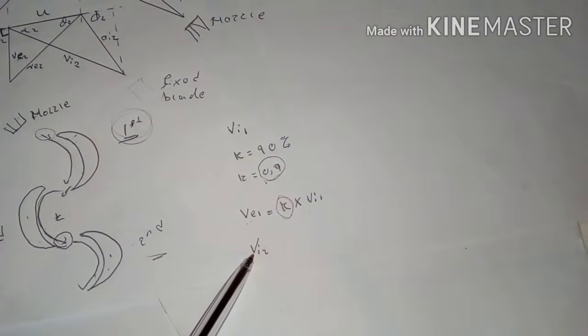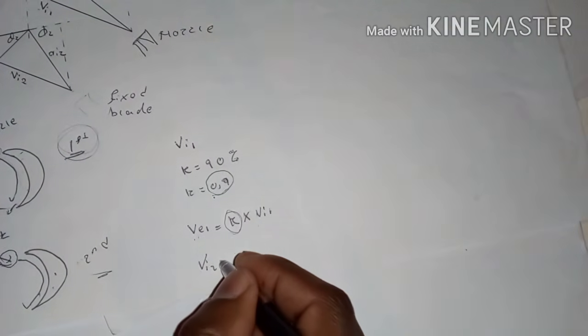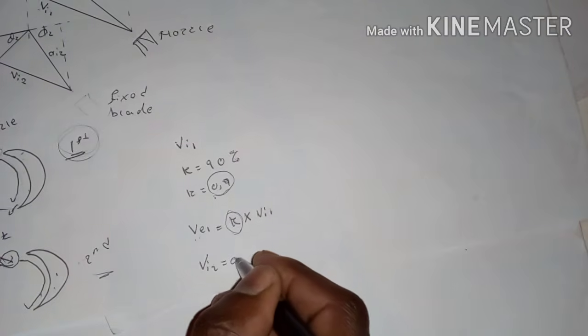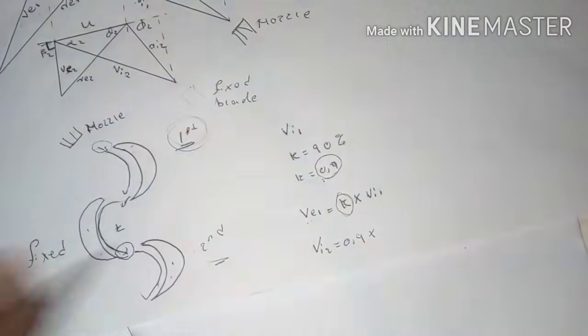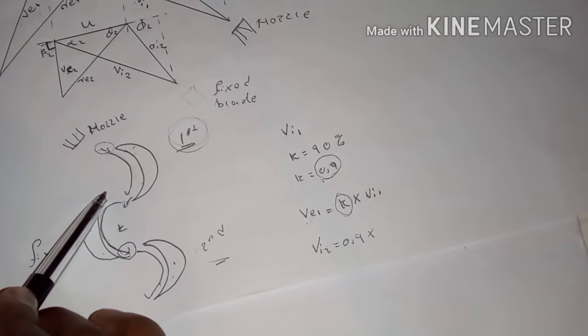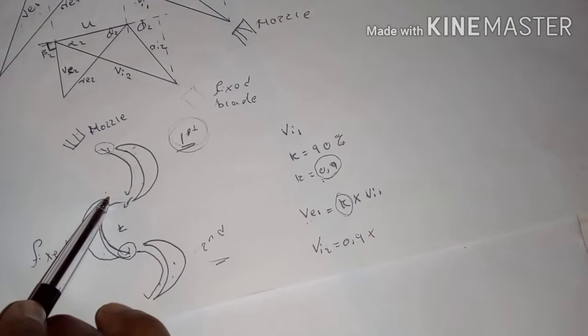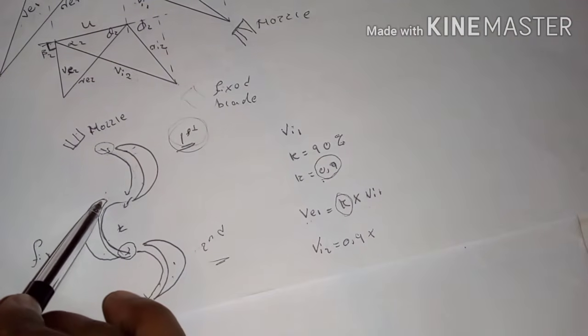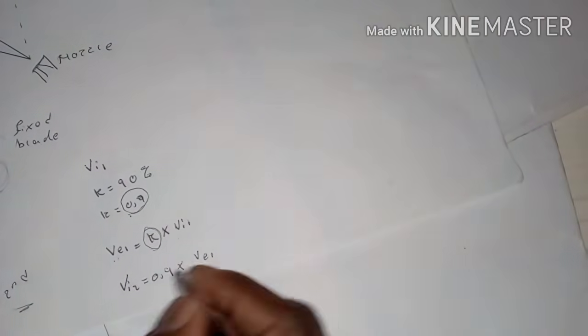So to get our VI2, we are only left with 90% of what we had. What we had is VE1, because that is the velocity at which the steam entered the fixed plate.